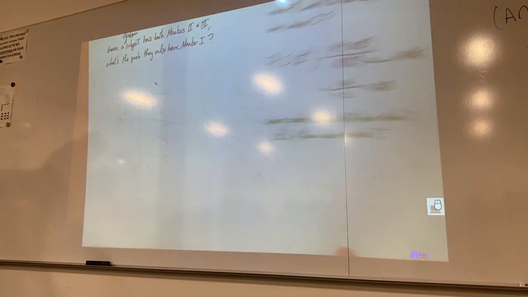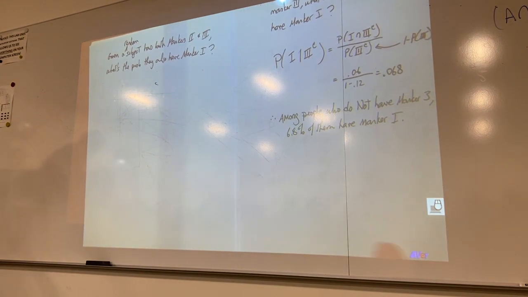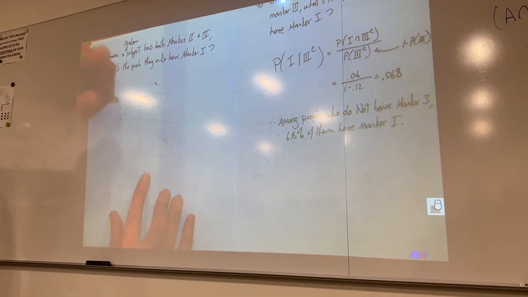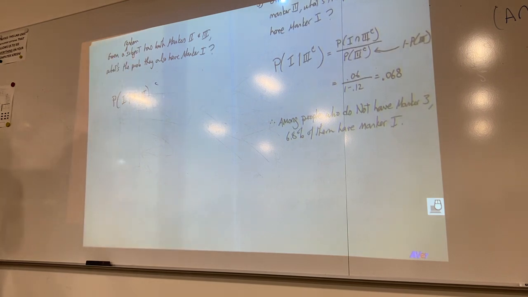I say the solution to this is pretty straightforward, though admittedly thinking it through might not be. So given they have both markers 2 and 3, what's the probability they also have marker 1? Notationally anyway, it's the probability, given they've got markers 2 and 3, that they also have marker 1.